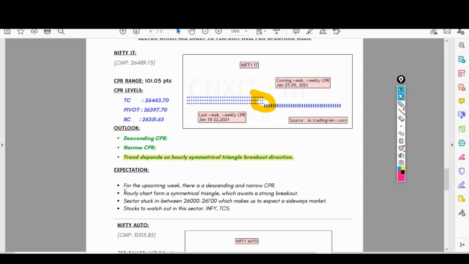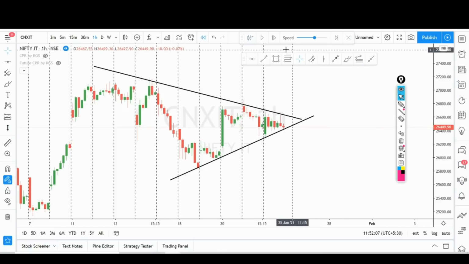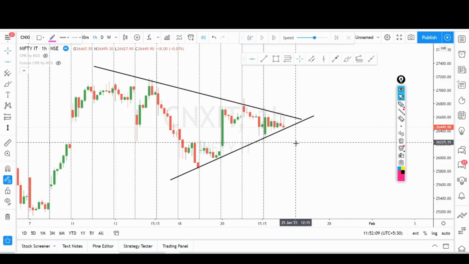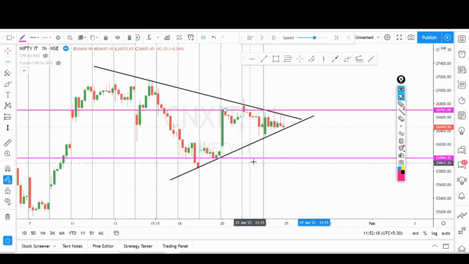And here sector is stuck in between 26,000 and 26,700, which makes us to expect a sideways market. If you see this particular level 26,000, where is 26,000? So here is 26,000 and here is 26,700. Okay, so the sector is stuck in between this level.